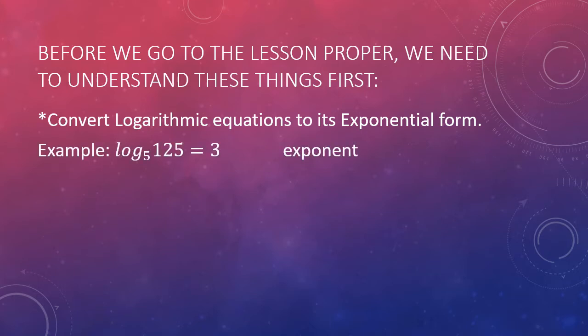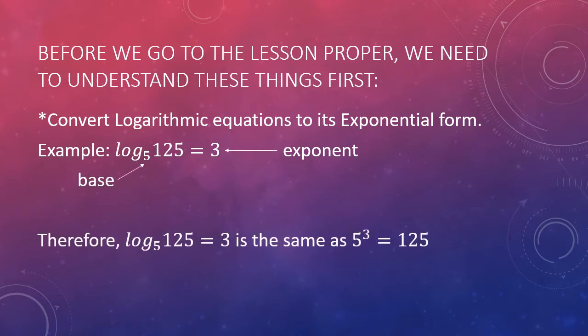So we have an example. The logarithm of 125 to base 5 is equal to 3. So our 3 is the exponent, and we have 5 as the base. So we can rewrite this as 5, which is the base, raised to the exponent 3 equals 125.